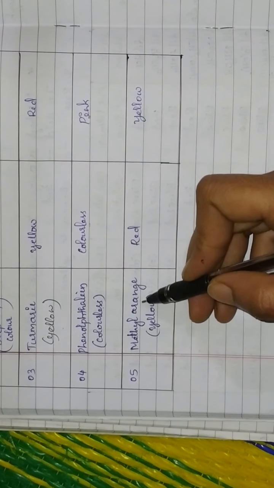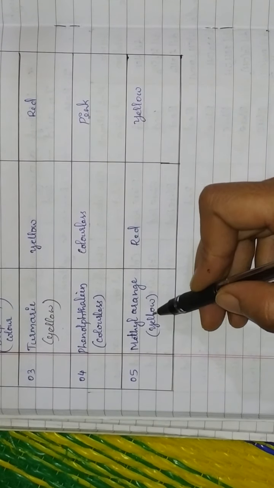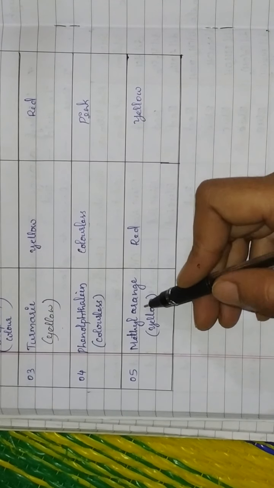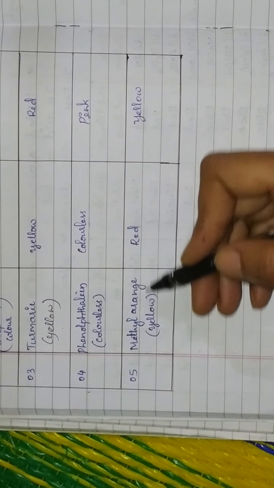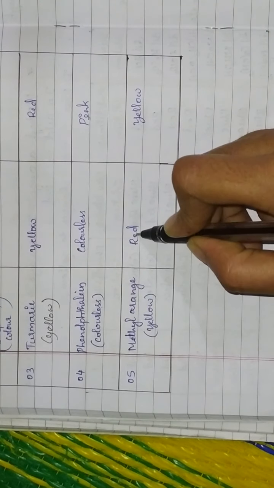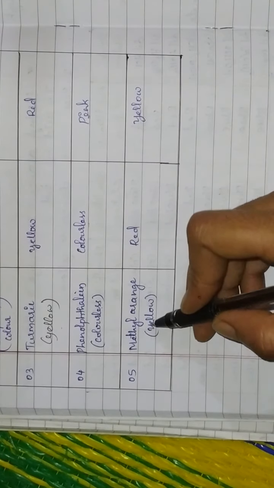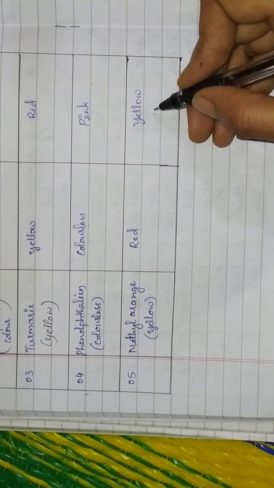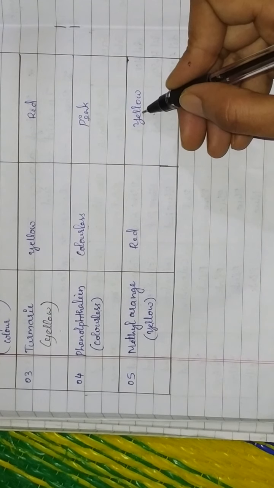Last one, methyl orange. Its color is yellow. When methyl orange is added to the acid, its yellow color changes into red. But when methyl orange is added to base, its color remains as it is.